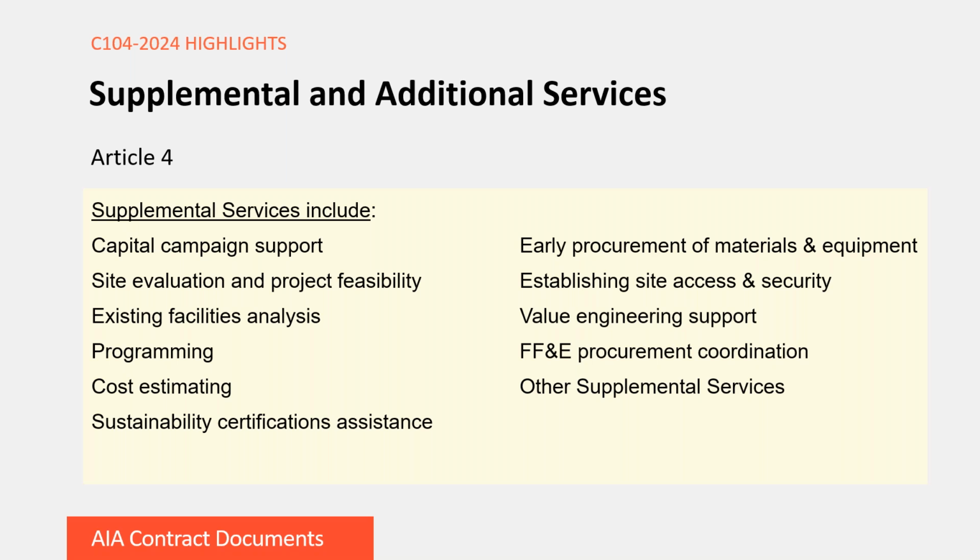You might see cost estimating being performed by an owner's representative. Other things that might be included are early procurement of materials and equipment. But really there is another fill point section so that if there's something else that we have not provided as a supplemental service, the owner and the owner's representative can negotiate what those supplemental services might be.